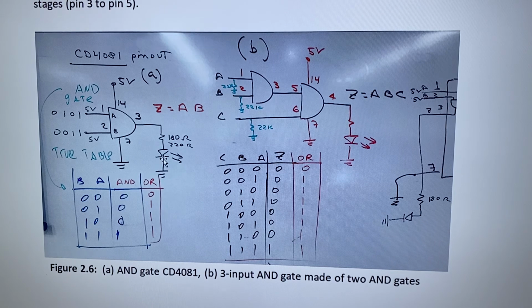If you connect this LED to voltage, you will have the opposite function, and you will get an OR gate just by putting the LED to voltage. In this case it's a 2-input OR gate, but if you want a 3-input OR gate, you have to put this LED to voltage, and you will also have a 3-input OR gate.